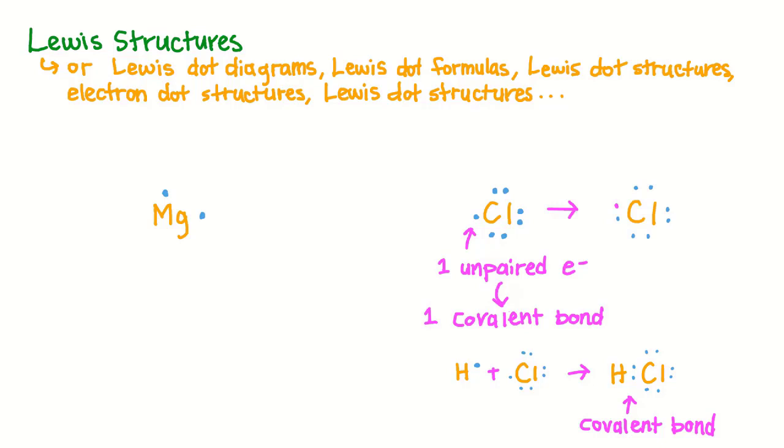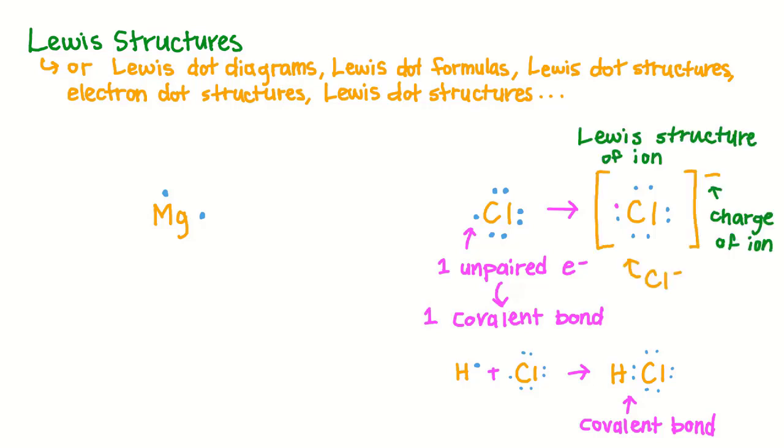And just like we were looking at earlier with the electron shell diagrams, the empty spot in chlorine's Lewis structure indicates that it can gain one electron to fill its outer shell and form the Cl- ion. And if we want to draw the Lewis structure for this Cl- ion, we would want to put brackets around the Lewis structure and put the charge of the ion outside the brackets.